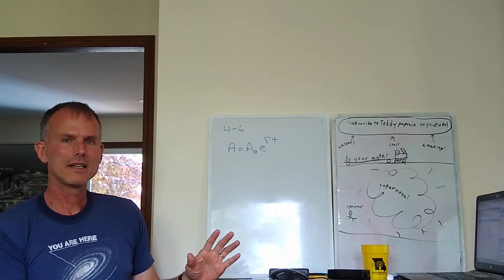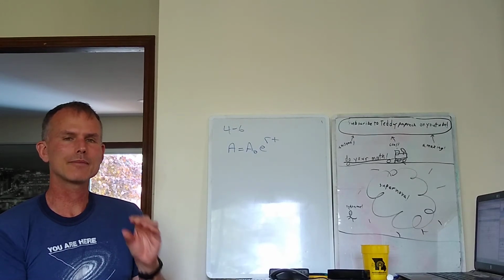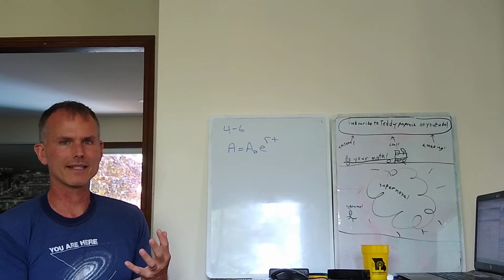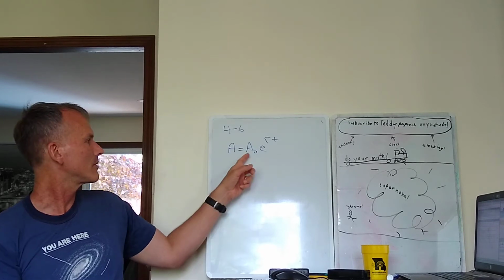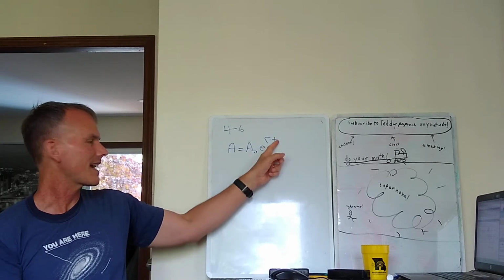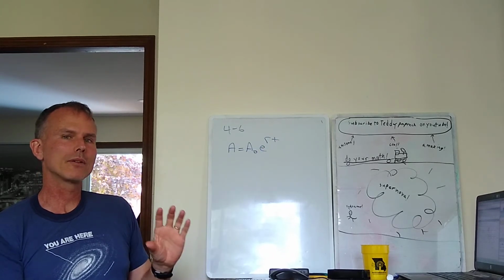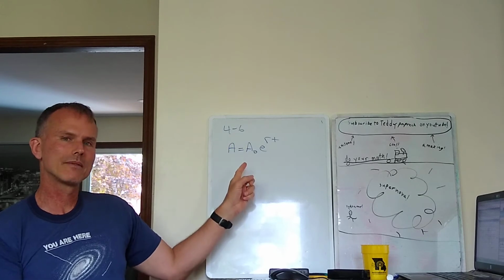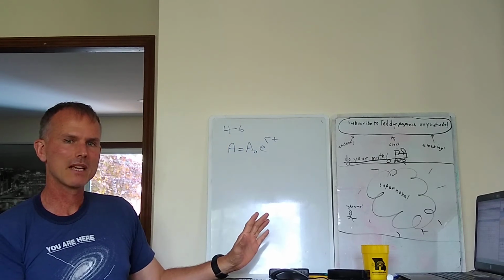Now, here's how to do it. Anytime you want to find a growth rate, I have to know an initial amount and a final amount and a time period. That way, the only unknown in this model would be the growth rate.